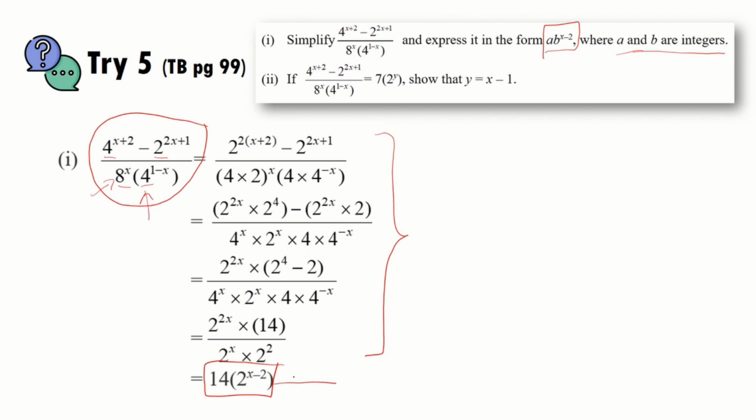Observe that our final answer over here fits the form, where a is actually 14 and b is equals to 2. Although in this question, it did not require you to state clearly what is the value of a and b. So leaving your answer as this is sufficient.